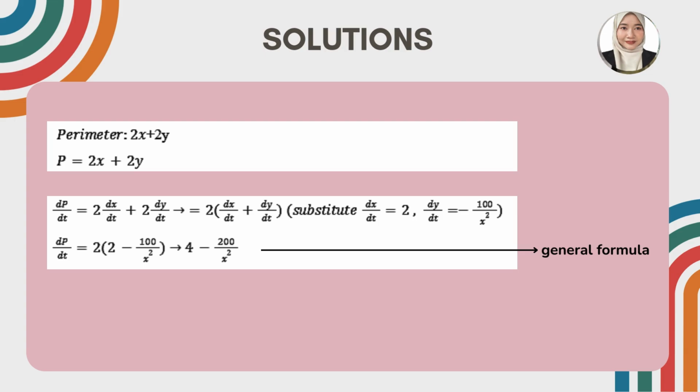Solving this equation, the value for the perimeter differentiation is 4 minus 200 over x squared.